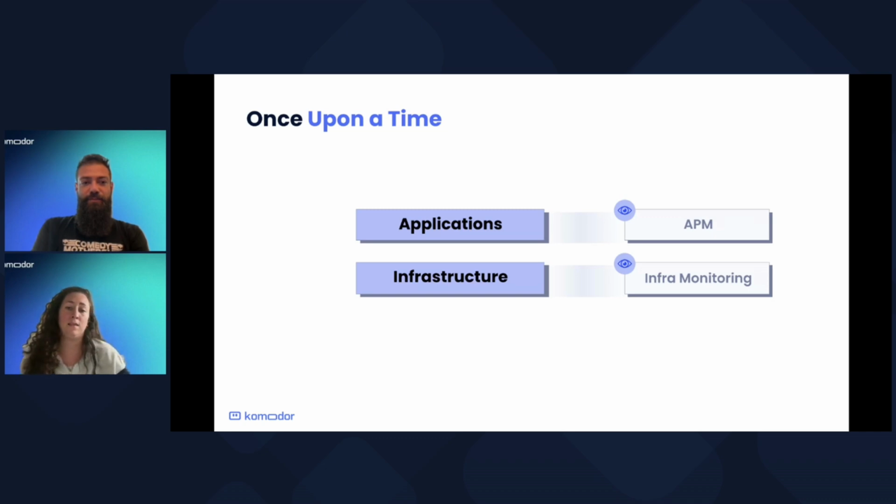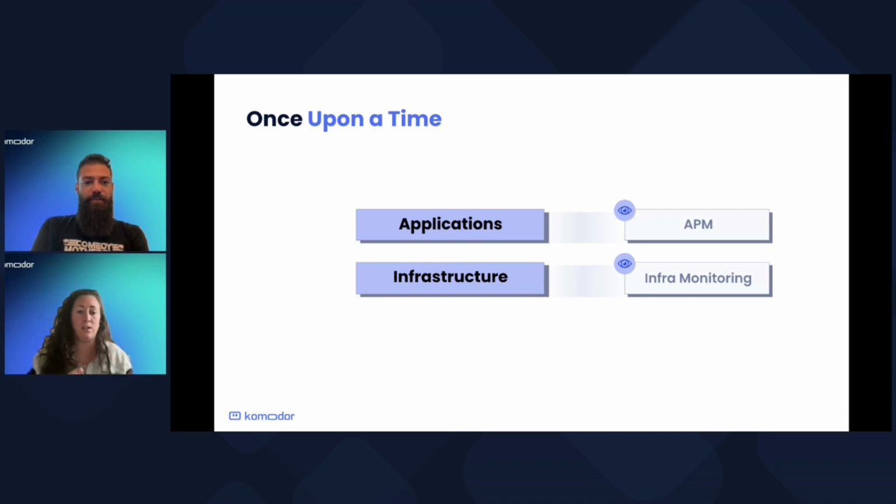And just to say that, not too long ago, most organizations had only two layers in mind that they needed to take care of. They had the application layer and the infrastructure layer. On the one hand, those organizations spent a lot of time, resources, tools and money to come up with monitoring tools for each of the layers.